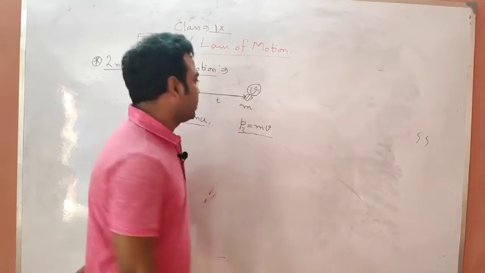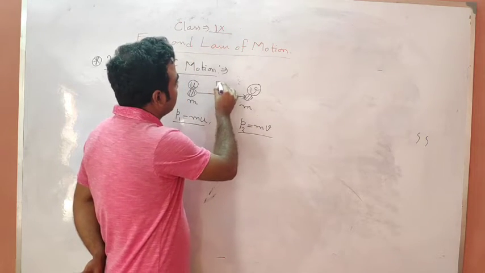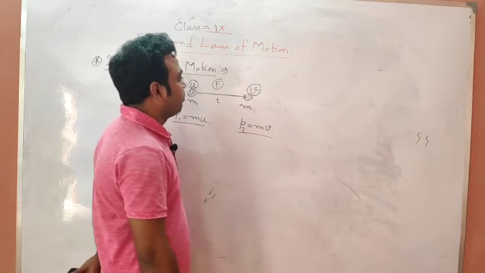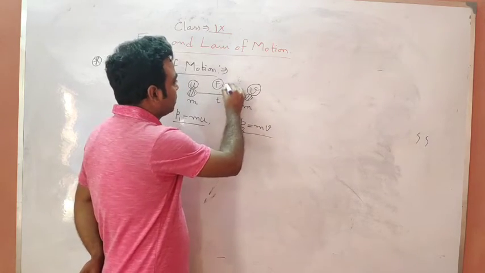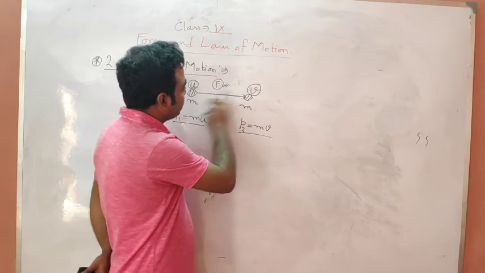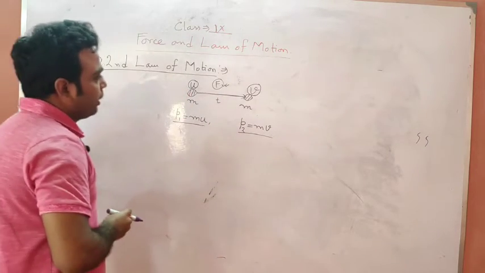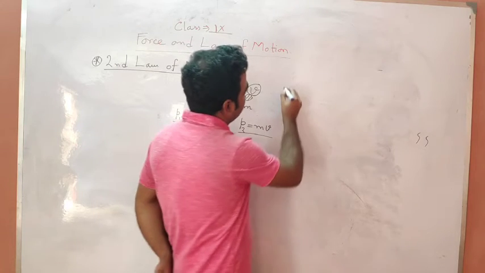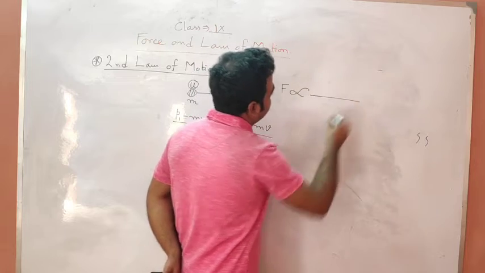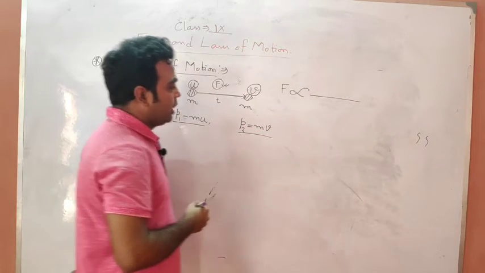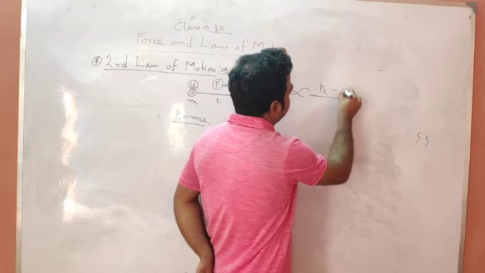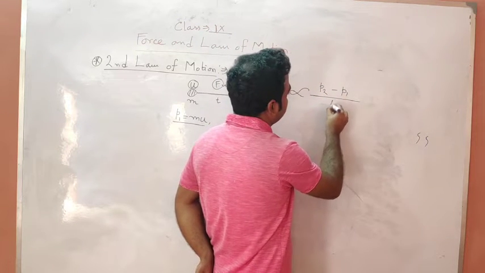Suppose the force responsible for the change of motion is F. The second law says that this force F is proportional to the rate of change of momentum, that means the change of momentum divided by time, that is (P2 - P1)/t.